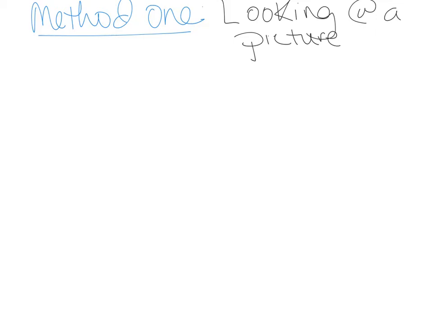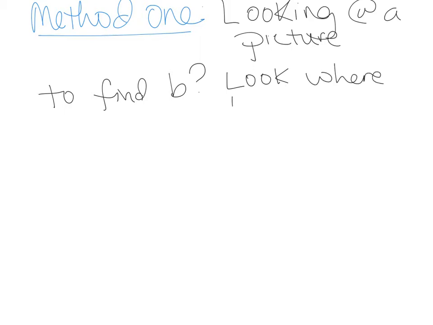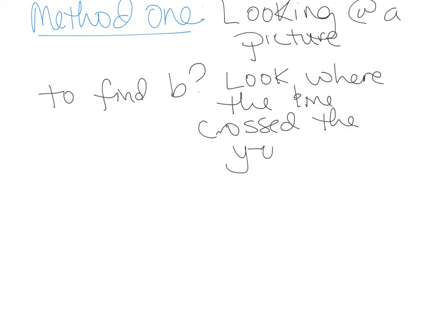That was method 1. So when I was doing my homework last night, how did I find M and how did I find B? So to find B, what did you do? You looked where the line crossed the y-axis. That was how you found B. I looked where the line crossed the y-axis.